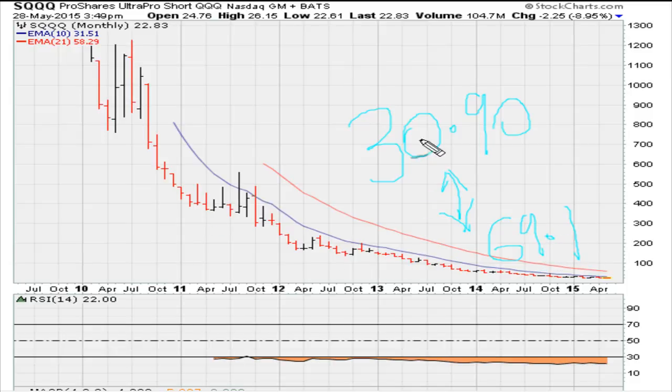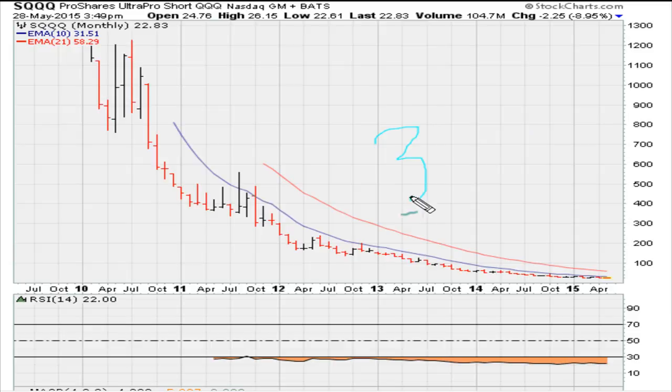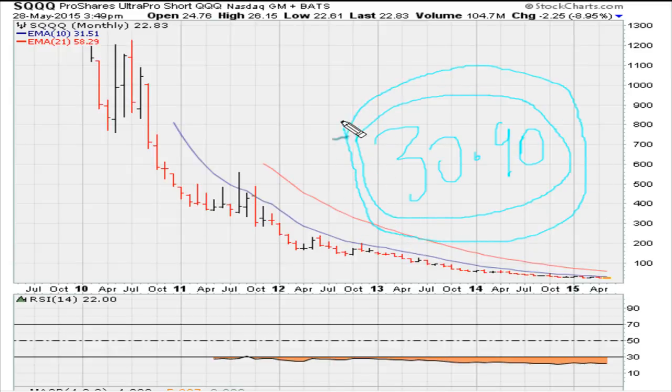If you had been aware of this requirement, that an instrument that needs to go up at the very least needs to be trading above 30.90, or another way of looking at this is that any instrument trading below 30.90 is extremely bearish. If you know this and if you rely on this, this would have kept you away from this instrument, going back to the price level somewhere here, even as high as 500.